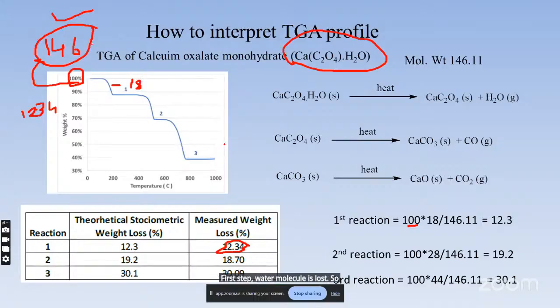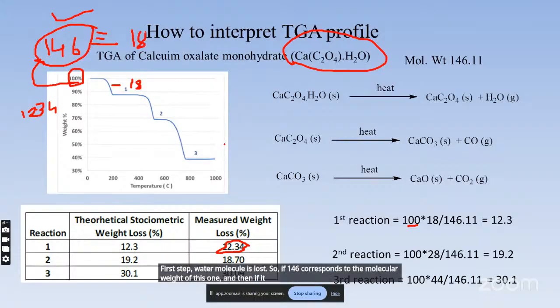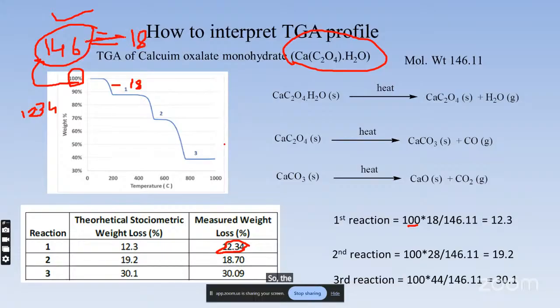So if 146 corresponds to the molecular weight of this compound, and it loses a water molecule, the weight will be reduced by 18. So molecular weight is changing from 146 to 146 minus 18, that is 128.